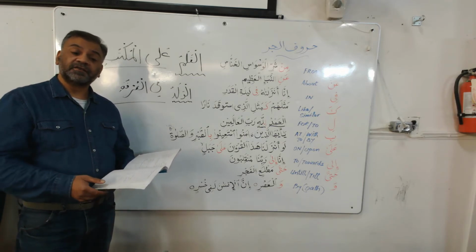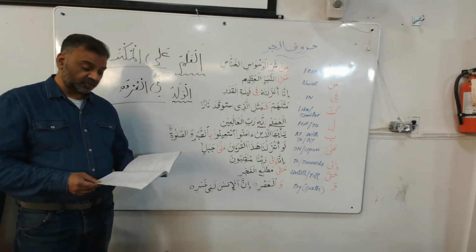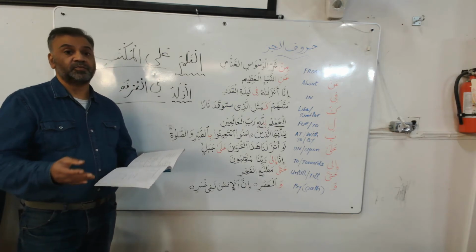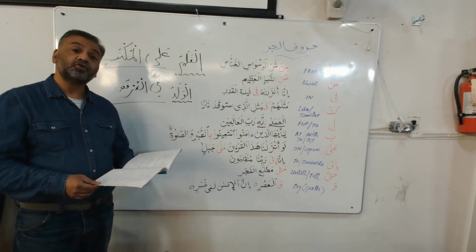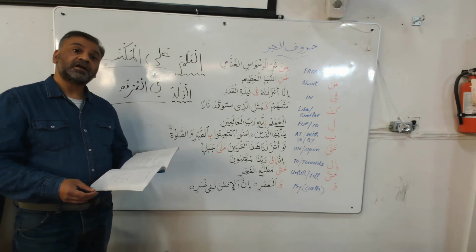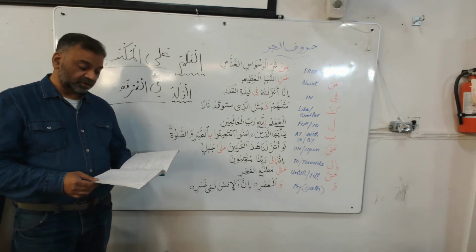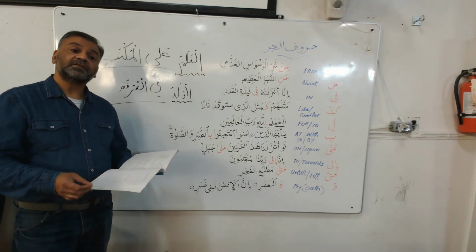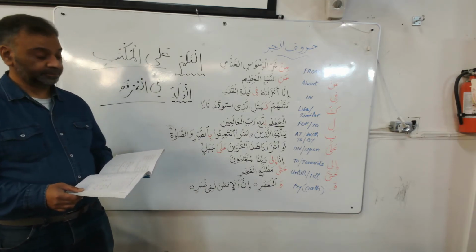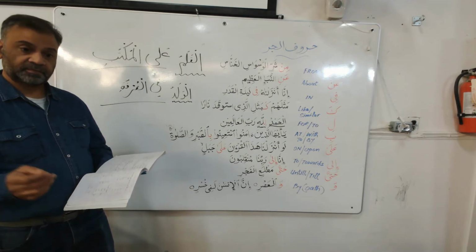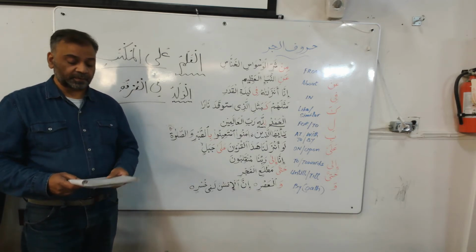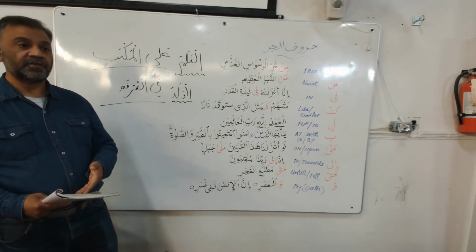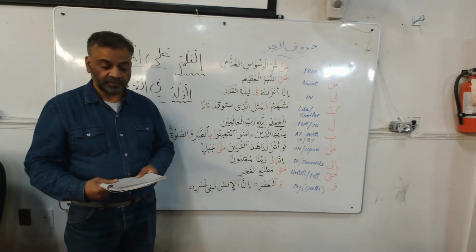Make najmun definite. It would be an-najmu. Rajulun, man, or ar-rajulu. Dikun, ad-diku. Talibun, at-talibu. Right. So that is simple. We know this concept, making an indefinite noun into a definite noun.